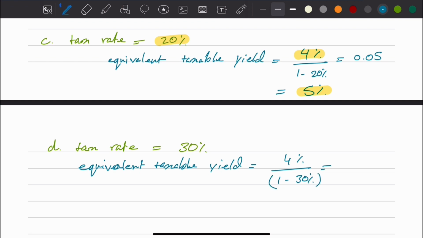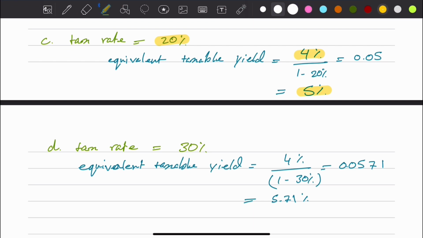Okay, go to the calculator, 0.04 divided by, open a bracket, 1 minus 0.30, close the bracket, and that's going to give us 0.0571, which is equal to 5.71%. Okay, and again, same interpretation applies.